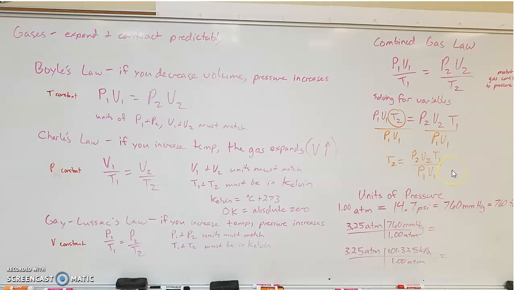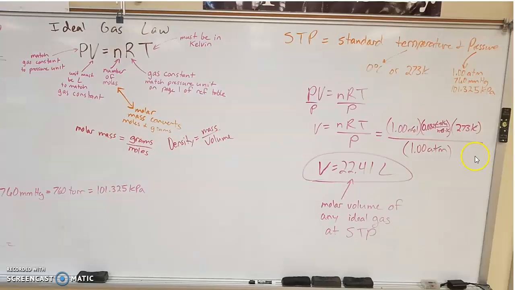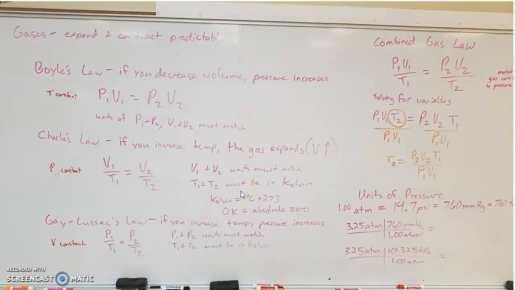Now, when do you use the combined gas law versus the ideal gas law? I talked about this yesterday with my A group. For the combined gas law, there's going to be some kind of change in pressure, volume, or temperature that signals that you need to use the combined gas law. And sometimes one of the variables will stay constant. They either don't tell you about it or they tell you it stays constant.